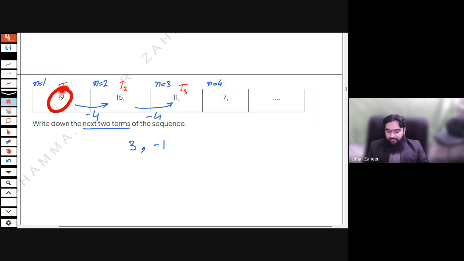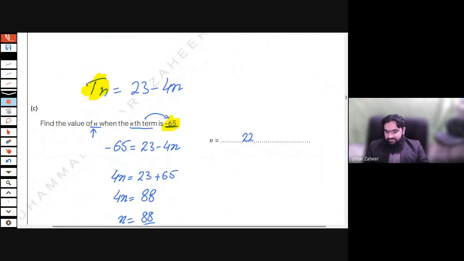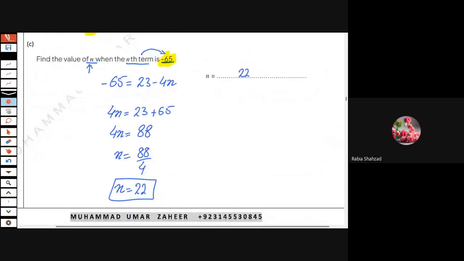That is 19, and it is going to vary from sequence to sequence. So the first term is 19. N and Tn are totally different things. One is the number of the term, and the other is the term itself. Clear? Yes, sir.